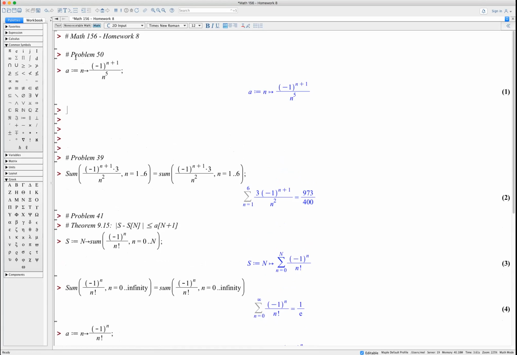And we want to find the number of terms to approximate the sum of the series with an error of, again, less than 1 over 1,000.